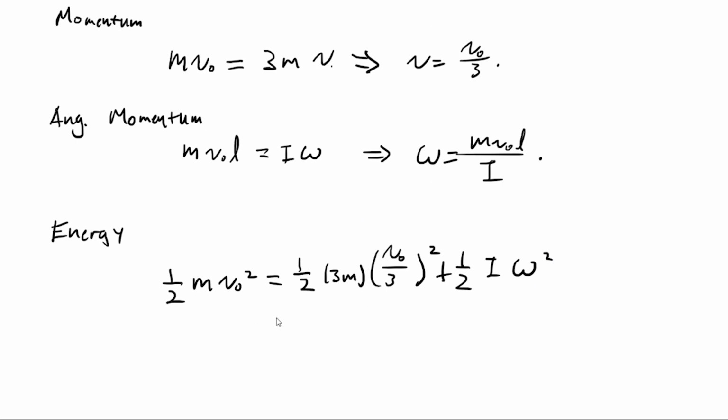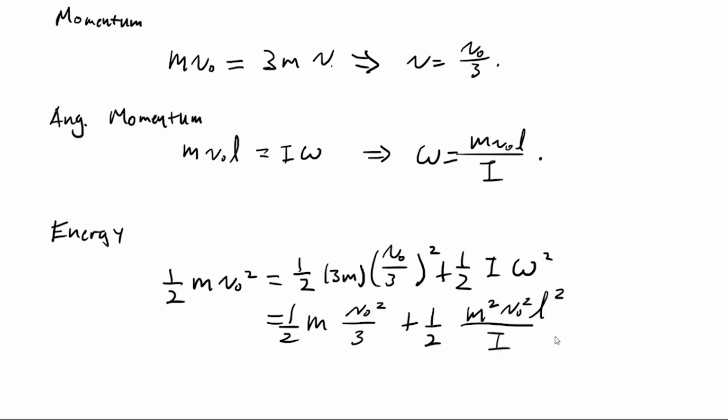Substituting both of these in, that equates to 1/2 m v0 squared over 3 plus 1/2 times m squared v0 squared L squared over I.